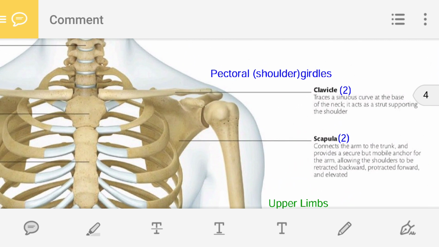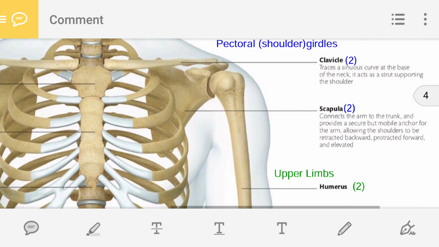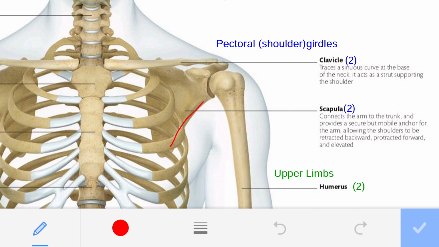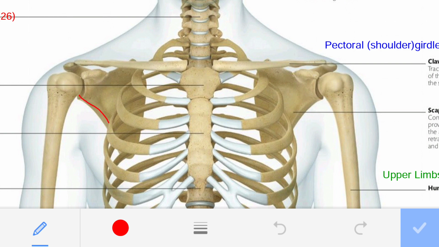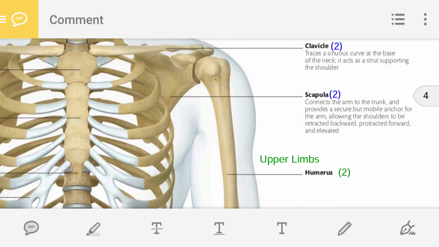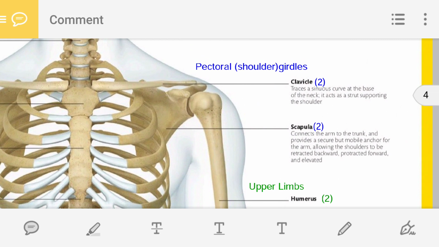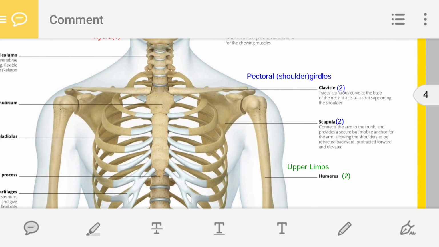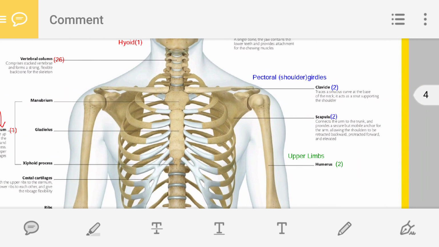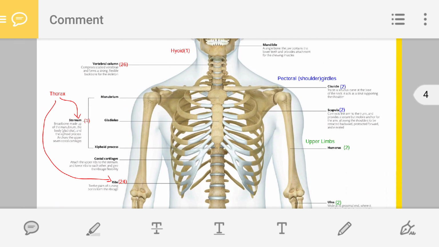And this triangular shaped bone is known as the scapula. So we have two scapula. So in the pectoral girdle you can make the total 2 plus 2, that is 4 bones in the shoulder girdle, that is the pectoral girdle.